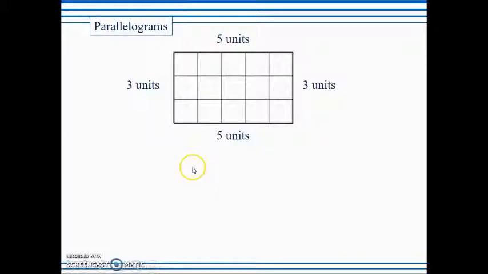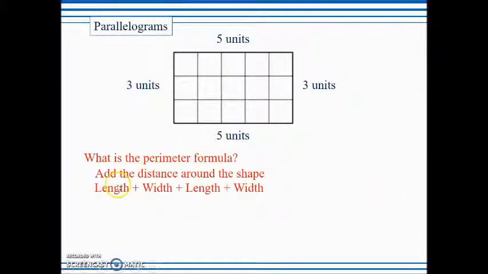So let's look at this quadrilateral, parallelogram, and rectangle. We're going to decide what the perimeter is. If we had a formula, it would look something like length plus width plus length plus width. So we would add the 5 units plus the 3 units plus the 5 units plus the 3 units.